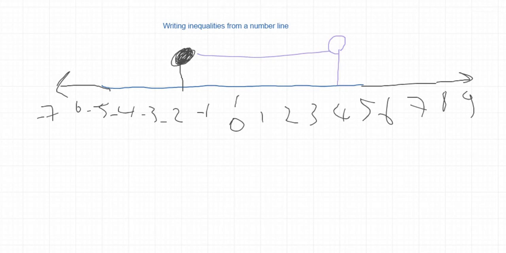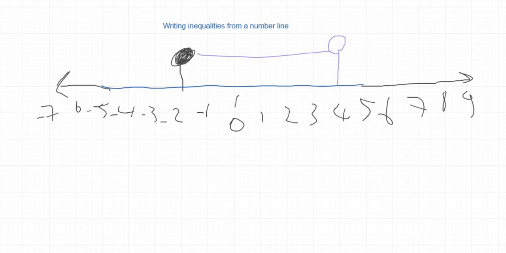Now, how would we actually write this inequality? Well, this doesn't look like the regular inequality. This looks like what we call a compound inequality, where you have more than one inequality coming together to form two inequalities as a boundary.